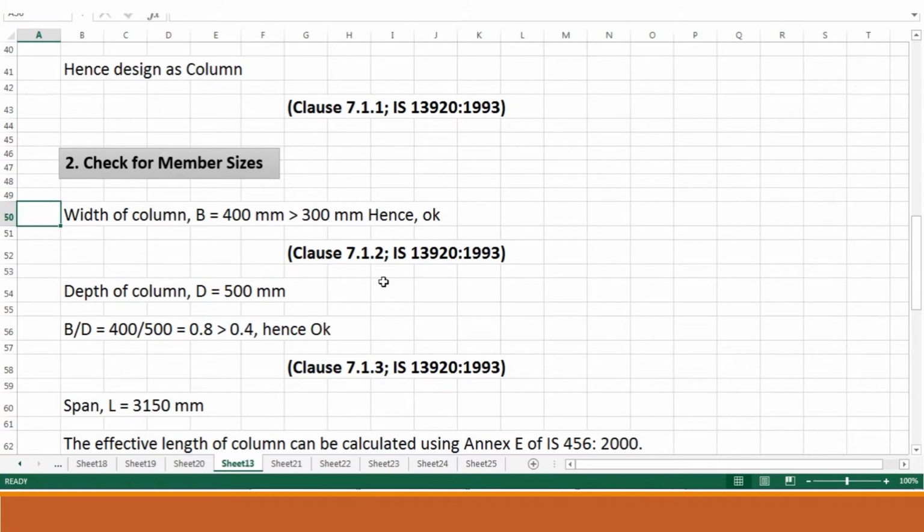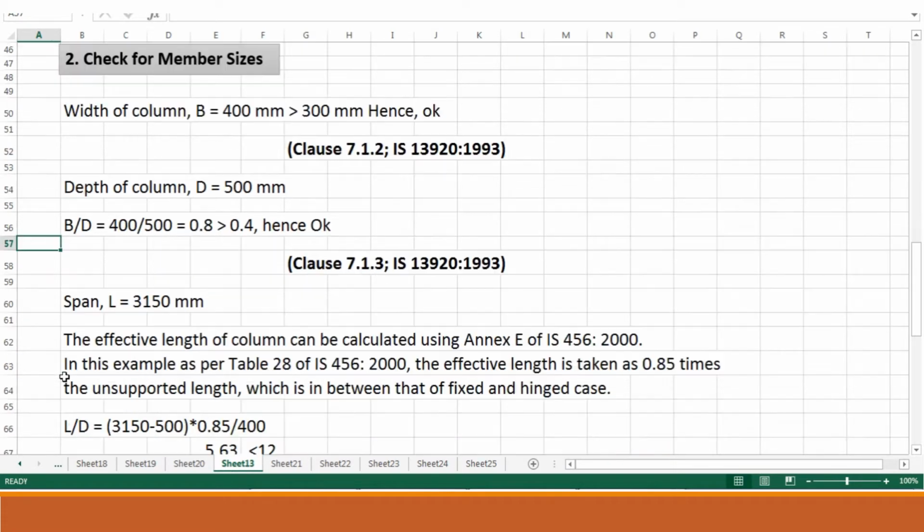The depth of the column is also limited by clause 7.1.3 of IS 13920. Here the depth is 500 mm, so the B by D ratio is limited. It is 400 by 500, that is 0.8, and it should be greater than 0.4. Now this is greater, so hence it's okay.